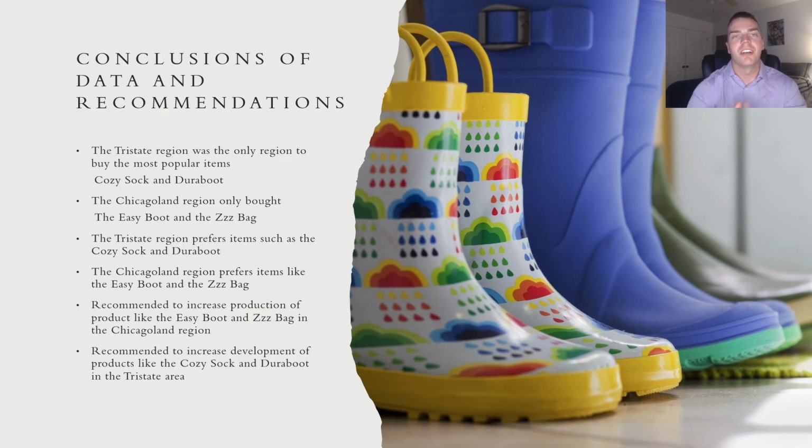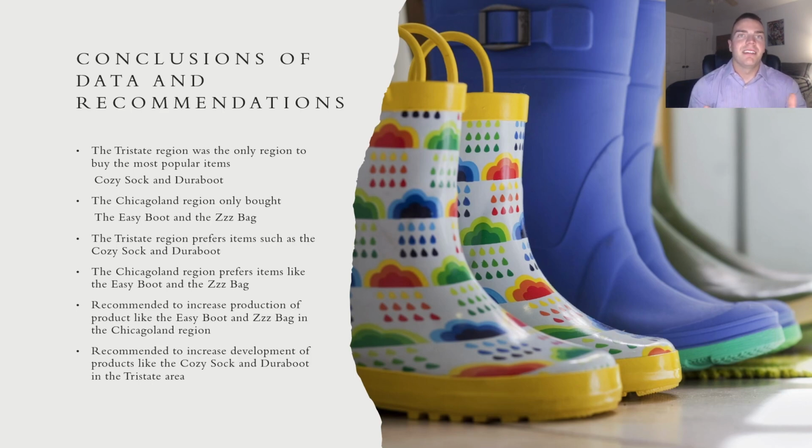Maybe Chicagoland should be leaning towards more products such as the easy boot and the ZZ bag, and maybe other regions similar to that area might enjoy those products as well. So we can use that data to increase revenue and choose which products to employ more of in that area.